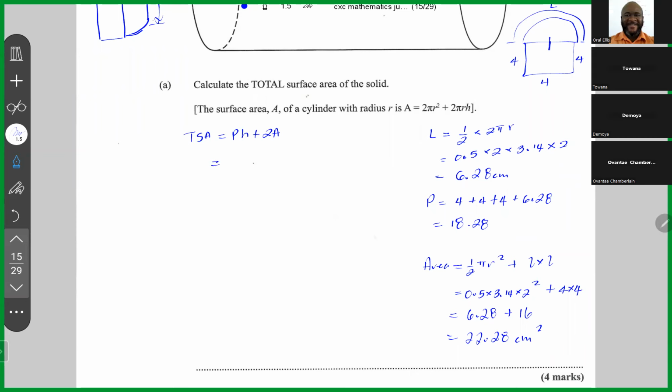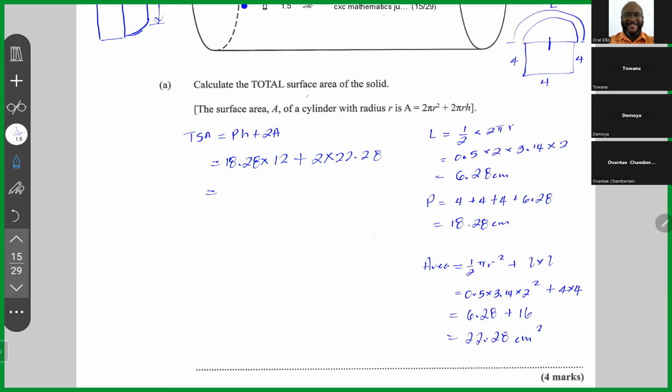P is 18.28 centimeters times the height, which is 12, plus 2 times A, and the A here is 22.28.